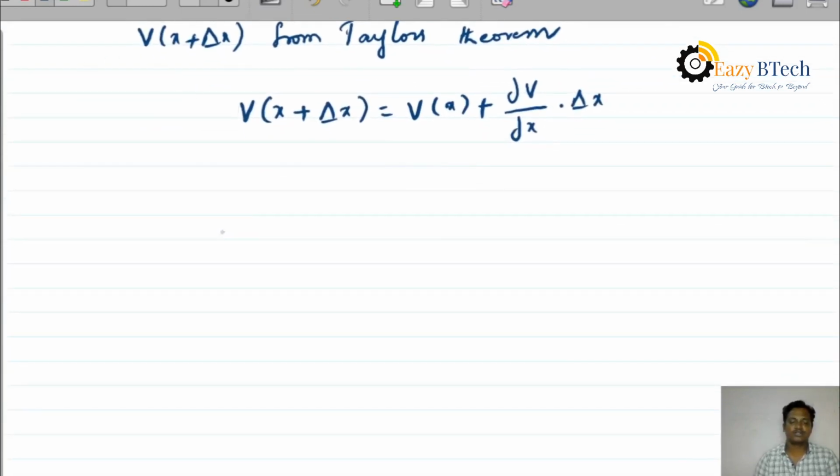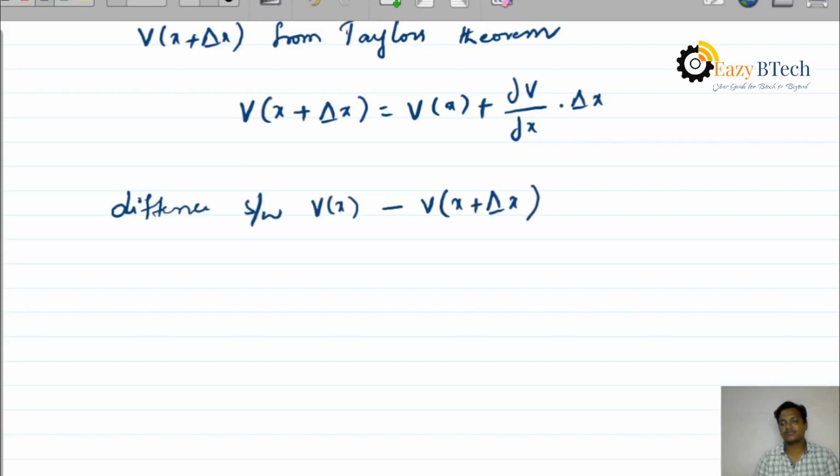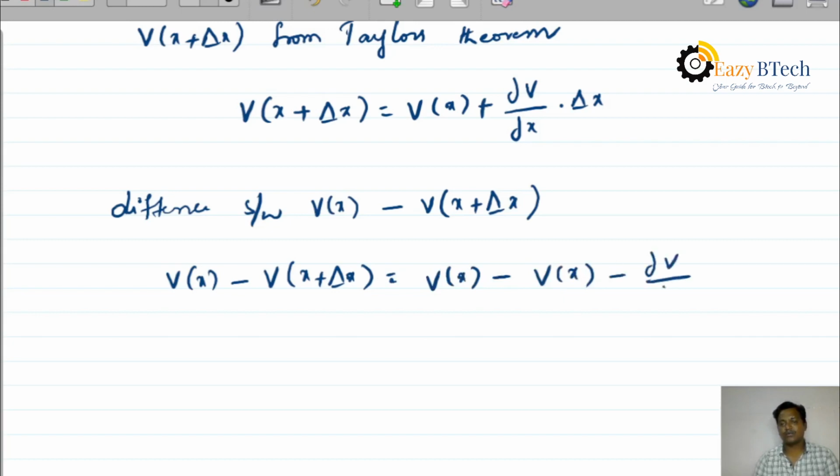Here in this equation, if you take the difference between v of x minus v of x plus delta x, what do you get? v of x minus v of x minus dou v by dou x into delta x.